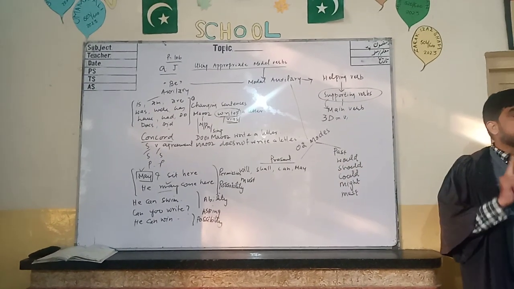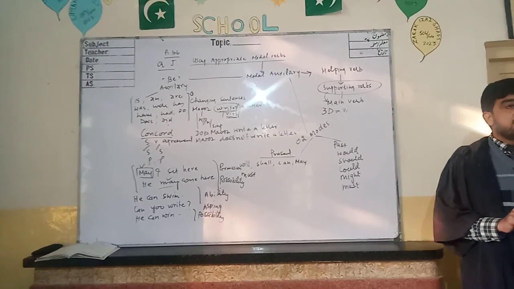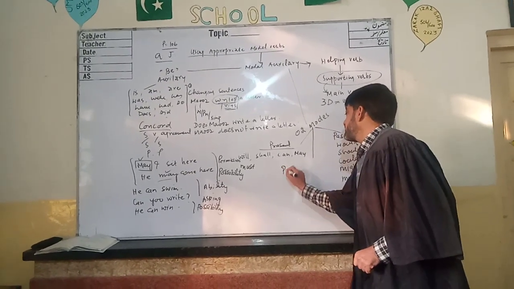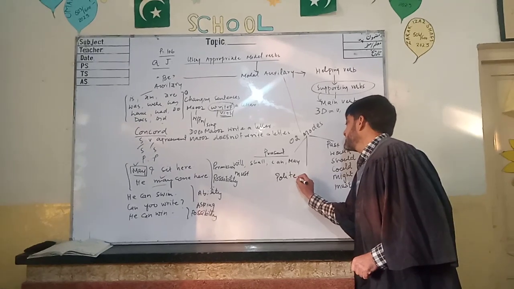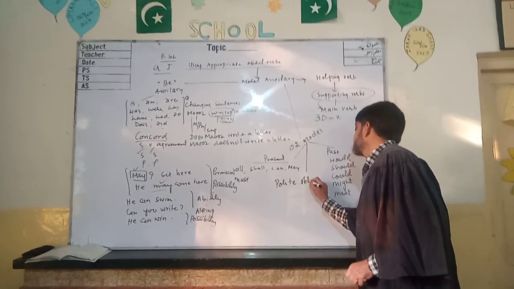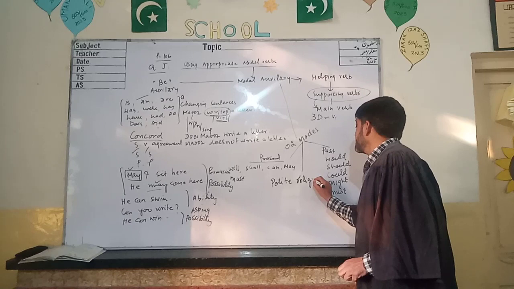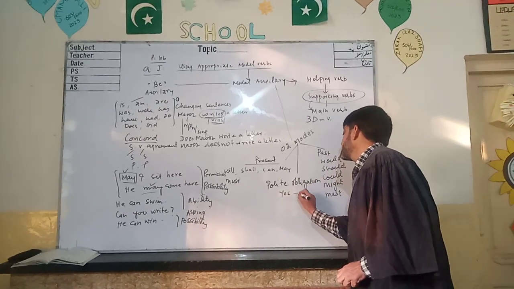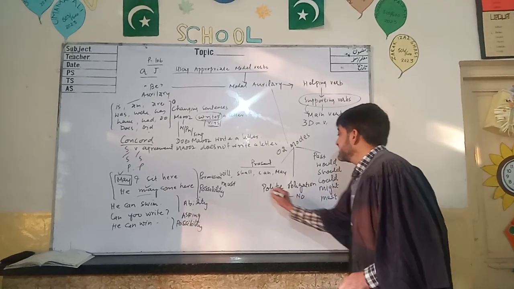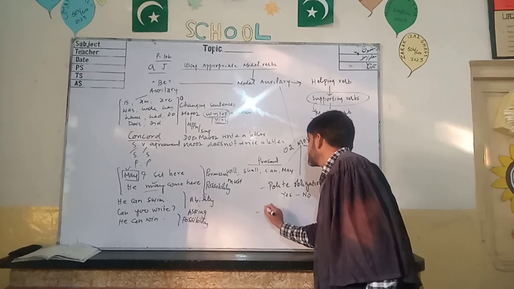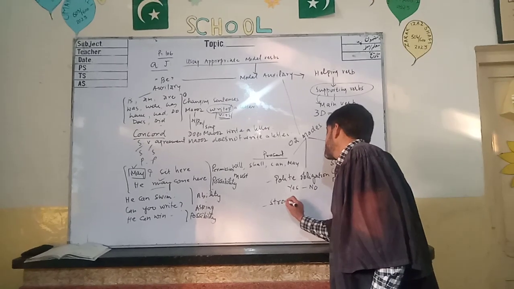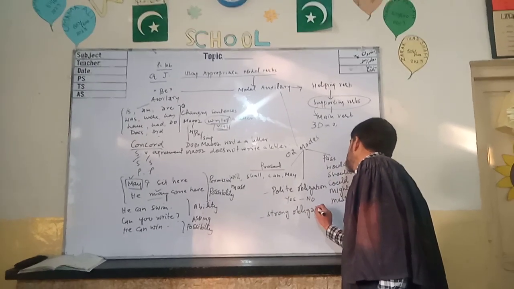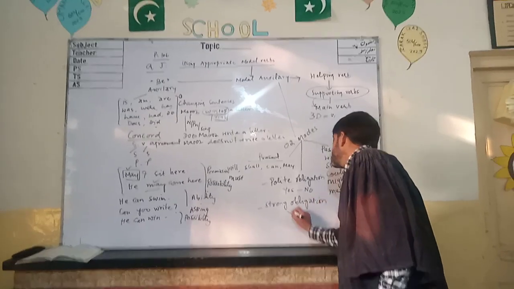But there is one modal auxiliary. These are, one is called polite obligation. Polite obligation means that you have the power of yes or no. But the other one is called strong obligation. Strong obligation means that you have only yes.